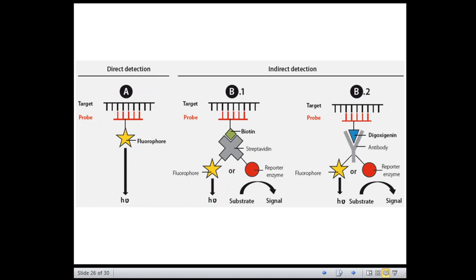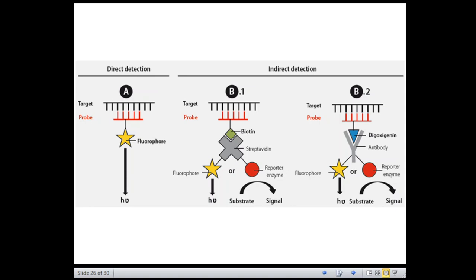For example, biotin incorporated into a DNA fragment is recognized with a very high affinity by the protein streptavidin. So this may be either coupled or conjugated to a reporter protein or enzyme molecule such as alkaline phosphatase or HRP, that is horseradish peroxidase.